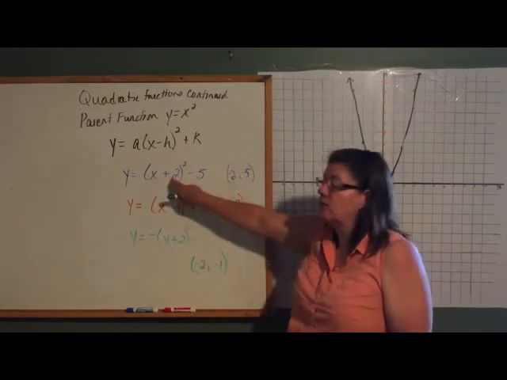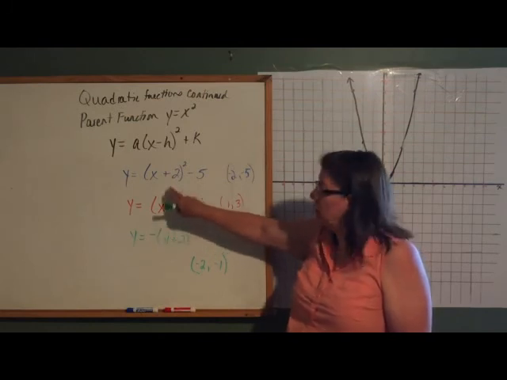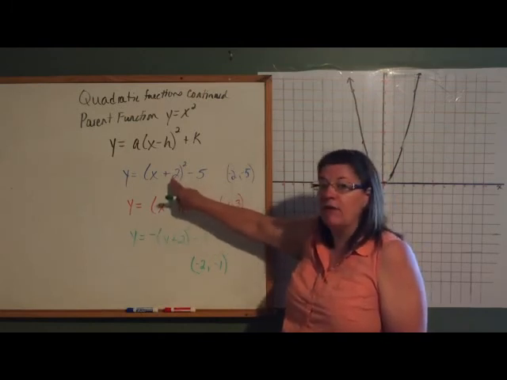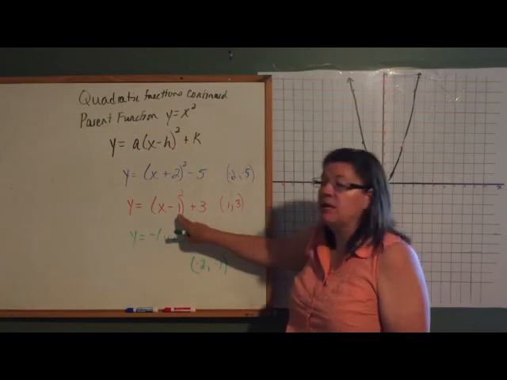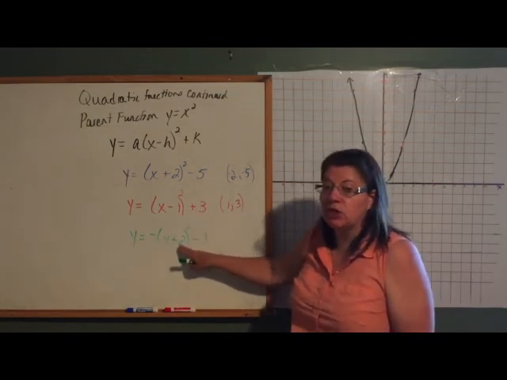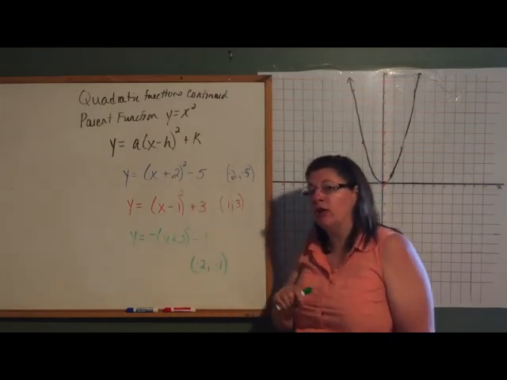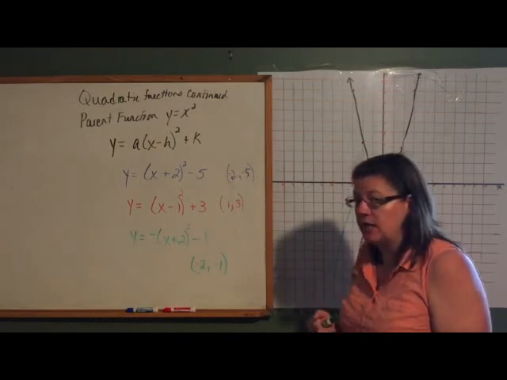So if it's a +2, it's going to move left. If it's a -1, it will move right. So this one, +2 means it moves left 2. -1 means it moves right 1. +2 means it moves left 2. So whatever's inside tells you whether to go right or left, opposite of what you would think based on the sign.